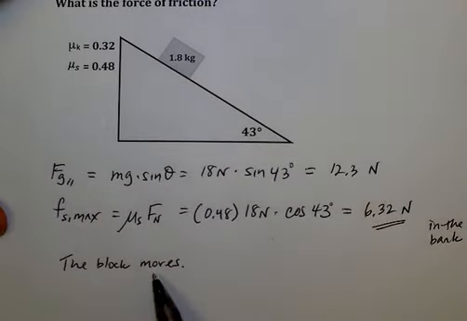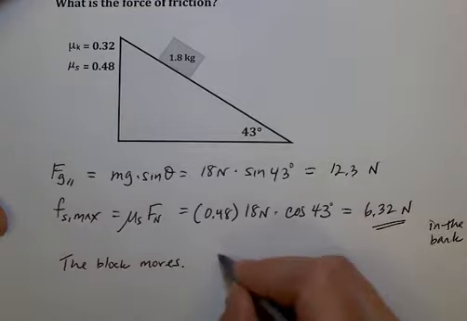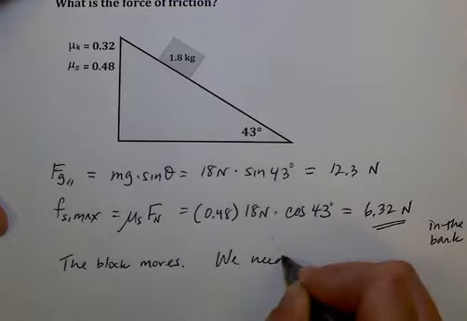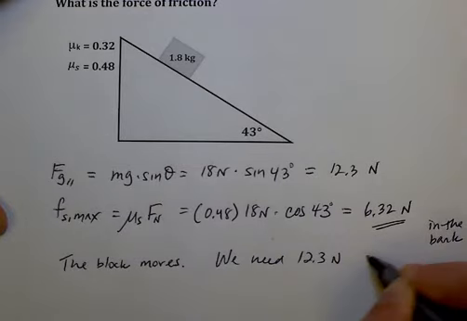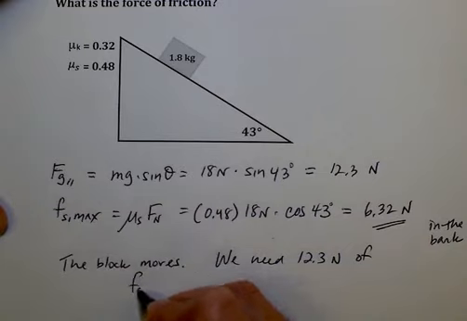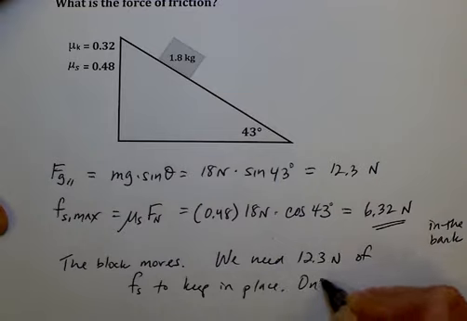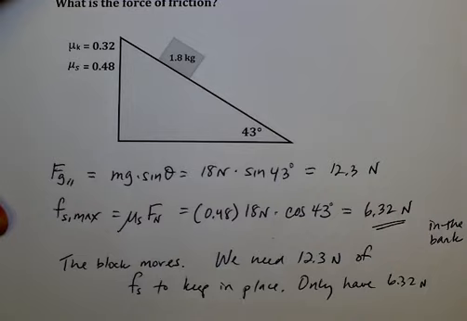The block moves because the amount of friction needed is not there. We need 12.3 newtons of friction to keep it in place, but we only have 6.32 possible.